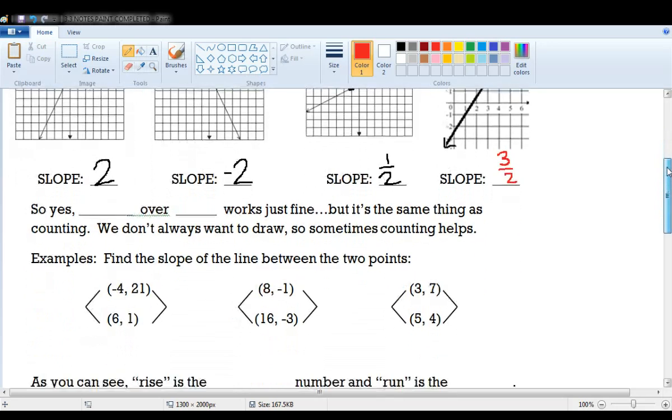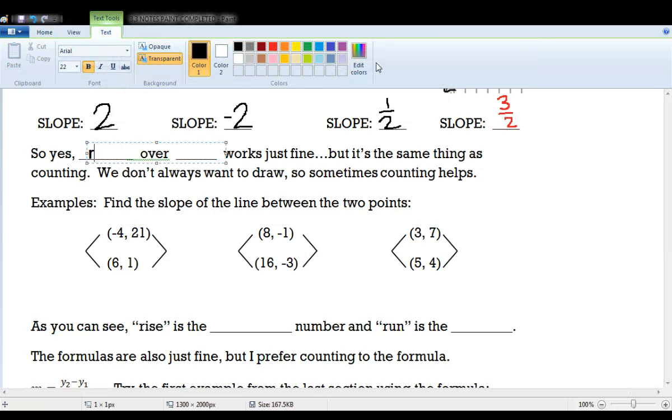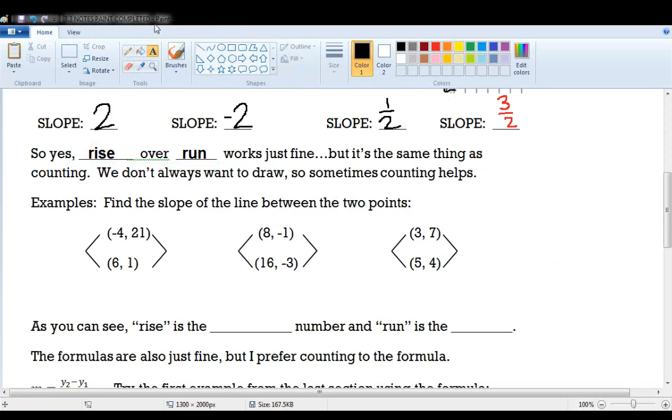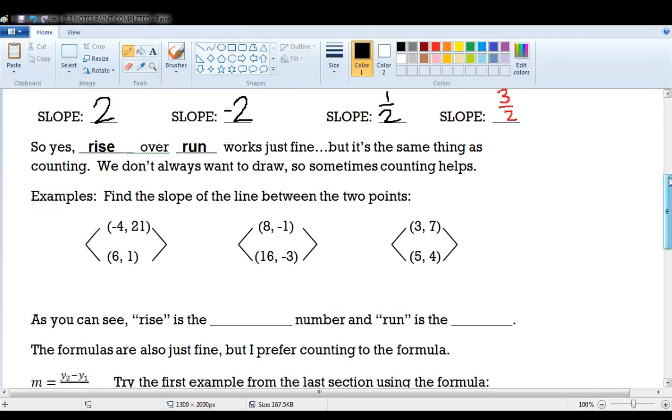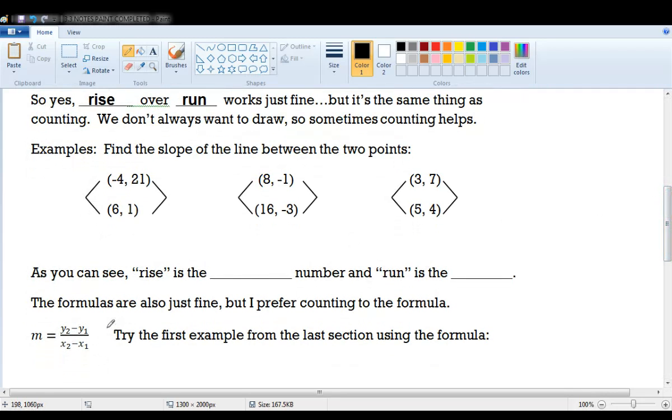Now, I feel like people tend to do pretty well with just the basic concept of rise over run, especially when a graph is on your paper. But when you are given 2 points, that's when people get a little bit confused. I'm going to tell you right now, there is a formula that helps you, and I'll use it a couple times for you, but I don't generally use it.